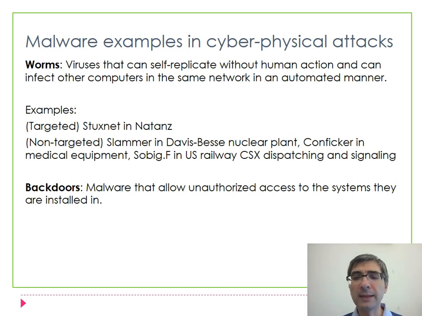And other general-purpose malware tends to infect, most of the time, Microsoft Windows operating systems, and they also affect whatever system has the same operating system, even if it is, for example, a control system like a railway dispatching and signaling system, or a piece of medical equipment.